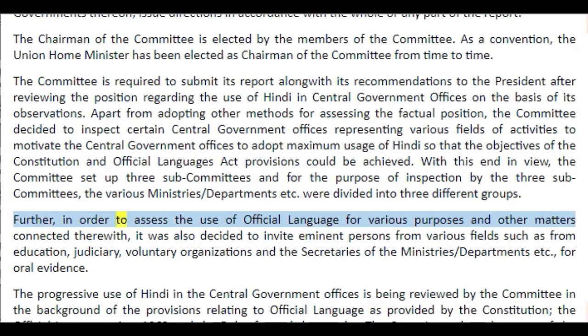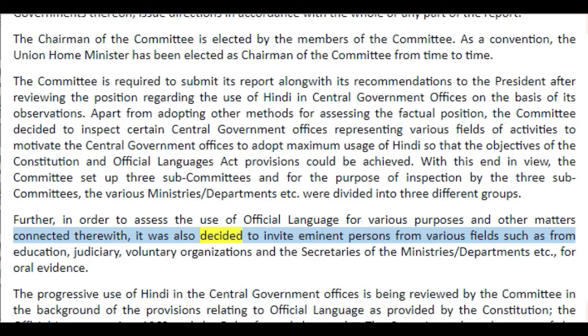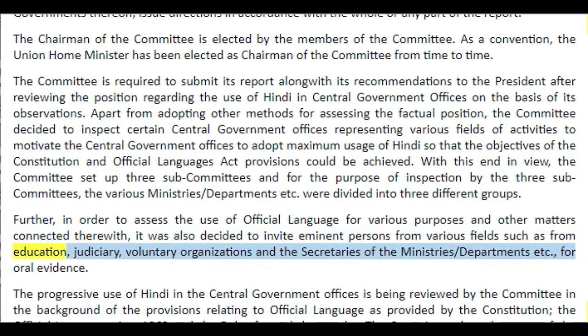Further, in order to assess the use of official language for various purposes and other matters connected therewith, it was also decided to invite eminent persons from various fields such as education, judiciary, voluntary organizations, and the secretaries of the ministries, departments, etc., for oral evidence.